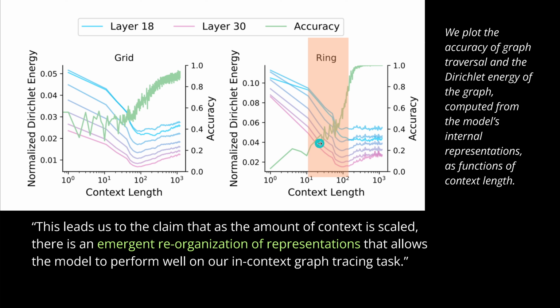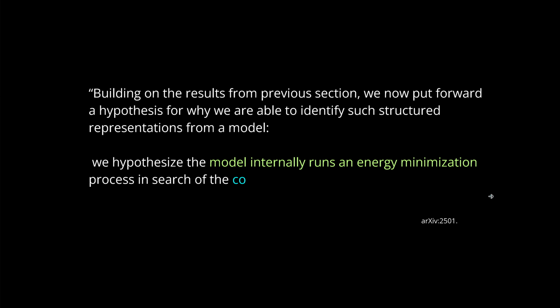There is something absolutely fascinating happening, and if the theory of Harvard is right, we can describe this system behavior with a mathematical model that is based on the minimization of the Dirichlet energy of the system. And they say, building on the results from the previous section, we now put forward a new hypothesis for why we are able to identify such structured representation from a model.